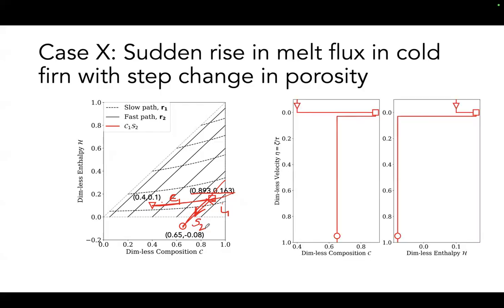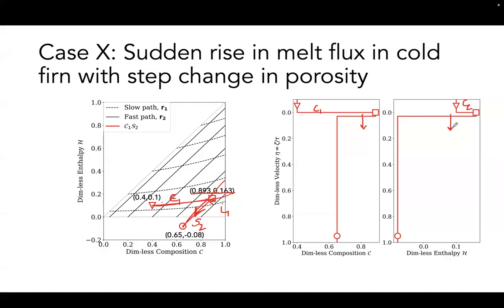So this looks like this, where in dimensionless velocity space, from the left state you have a stationary contact discontinuity here, where the meltwater flux stays the same, but the porosity changes at the initial jump. And then you have a right state where there is a shock wave that moves down.